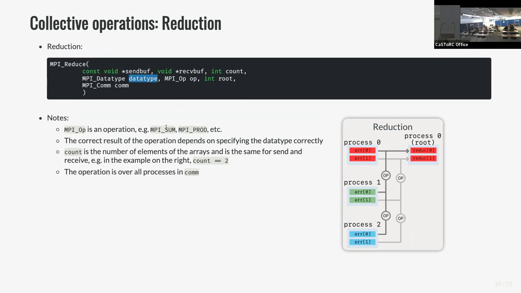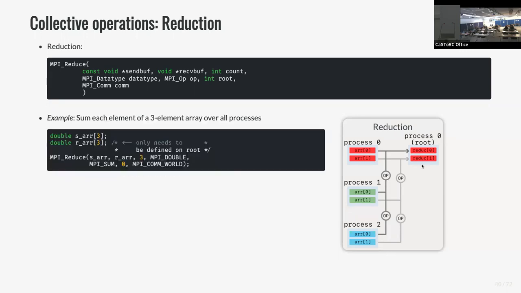And as I said, this could be, for example, MPI sum, which means you want to sum the elements over the processes. And then root is the rank of the process where you want this to end up.